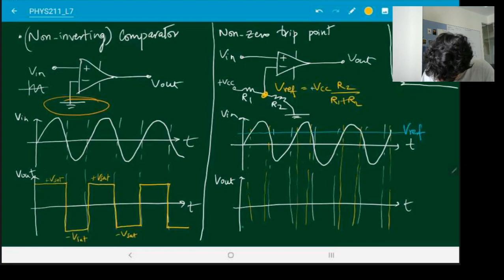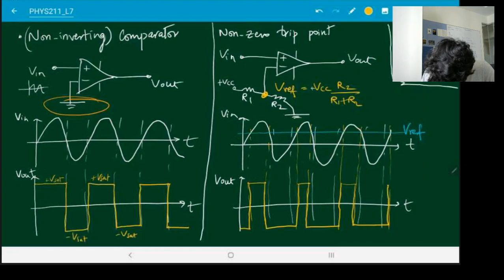So now my output will look like this. Where these are plus Vsat and these are minus Vsat.